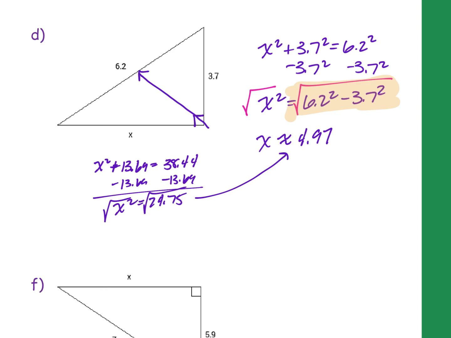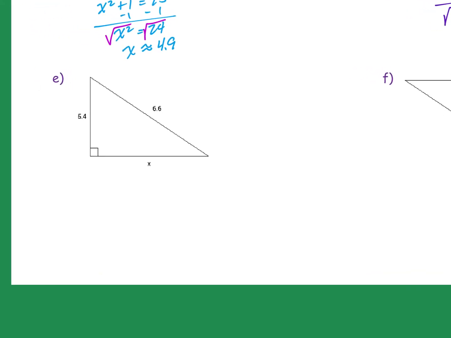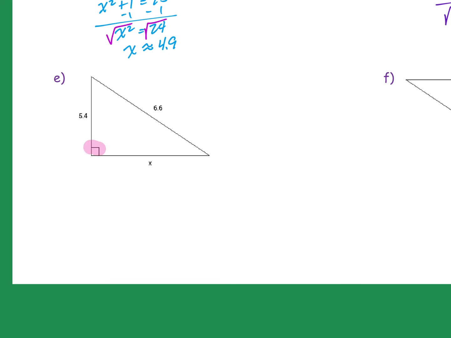Okay. So number E here, find your right angle. Here it is. It points towards my hypotenuse. So that means I've got x squared plus 5.4 squared equals 6.6 squared.